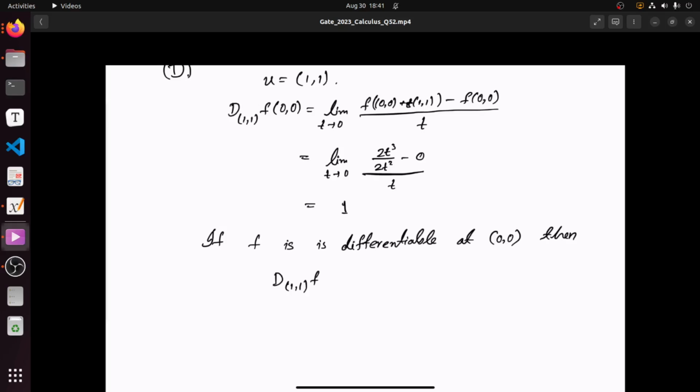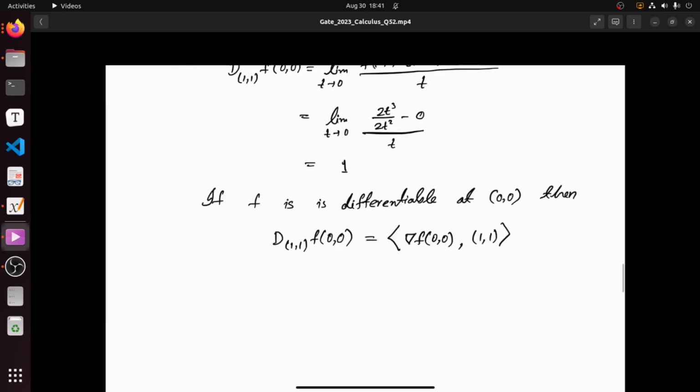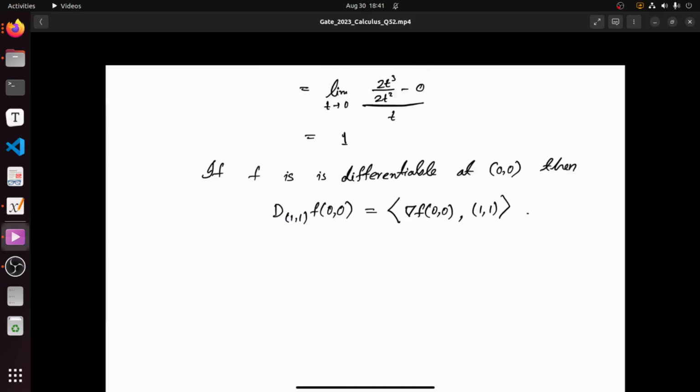It should be given by the inner product of the gradient of f at the point 0 0 with the direction 1 comma 1, right? So this should be true. So let's compute the derivative. Here we use the theorem.